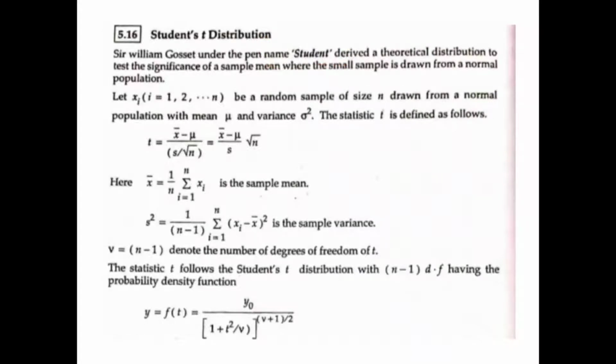It is derived as a theoretical distribution to test the significance of the sample mean, where the small sample is drawn from a normal population. The population follows the normal distribution, but the sample size is small, less than 30 in number. We are going to check the significance of the sample mean. This is the purpose of this particular test.